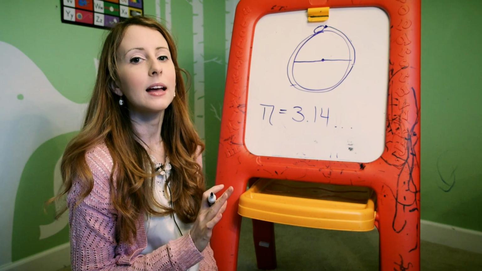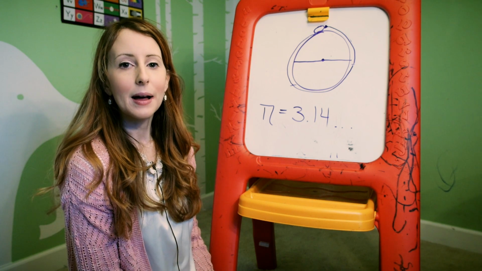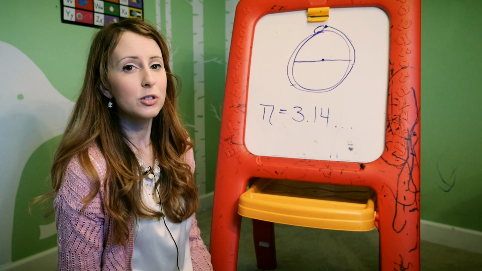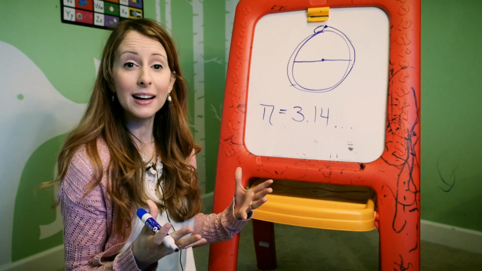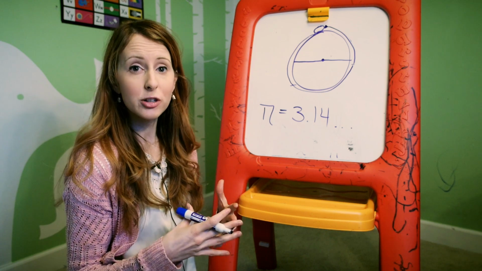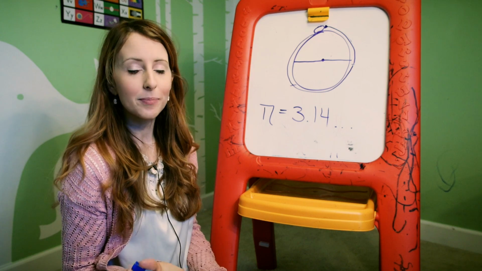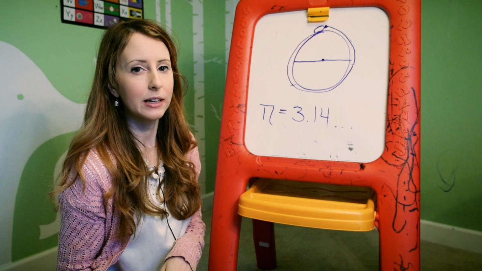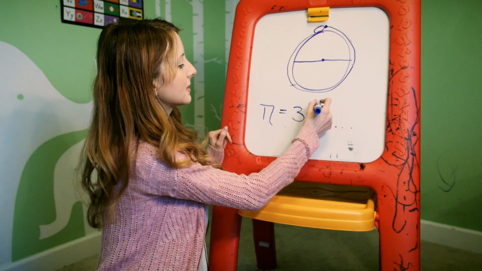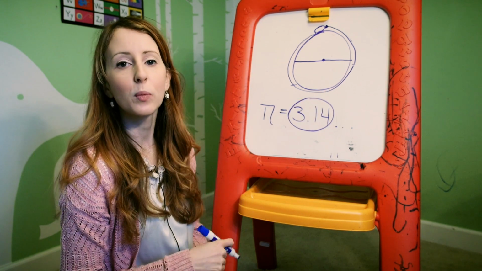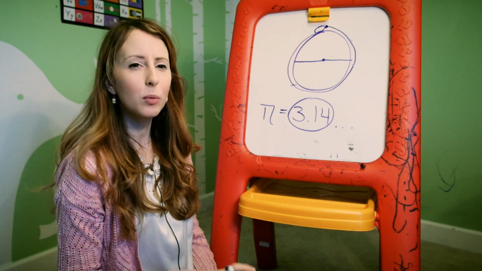Remember, it's an irrational number that we often round off to 3.14. But just so you know, I'm going to add those little dots to show you that it really doesn't end. Now, if you're using a calculator to solve these problems, it will be really helpful to use the pi button on your calculator, because that will actually use the irrational number and it'll make your answers just a bit more precise. However, if you don't have a calculator at home that has the pi button on it, you can always just type in 3.14 for your rational approximation of pi, and that will work too.